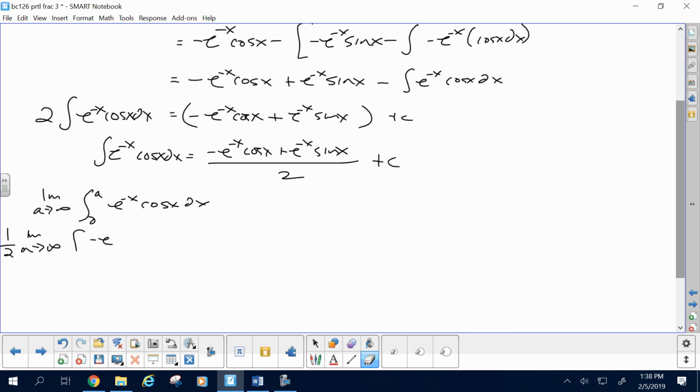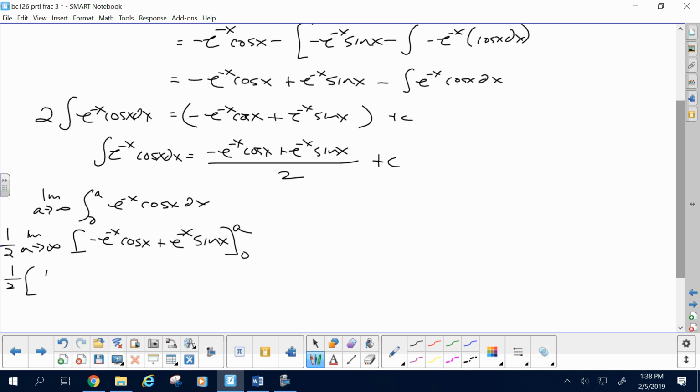If I pull that half out front, or divided by 2 out front, negative e to the negative x cosine of x plus e to the negative x sine of x from 0 to a. Cool. 1/2. Limit as a goes to infinity of negative e to the negative a cosine of a plus e to the negative a sine of a minus negative e to the 0 cosine of 0 plus e to the 0 sine of 0.